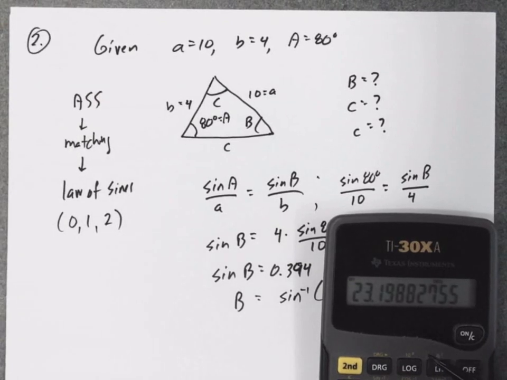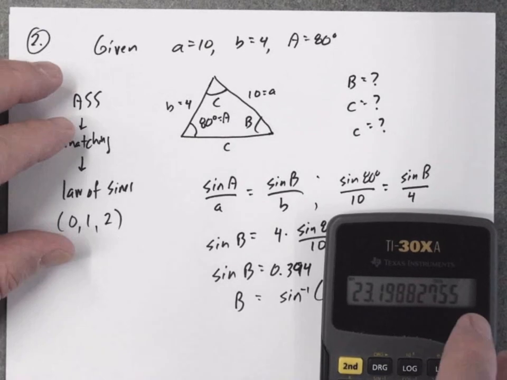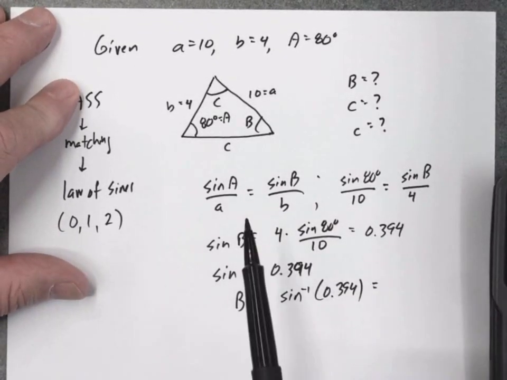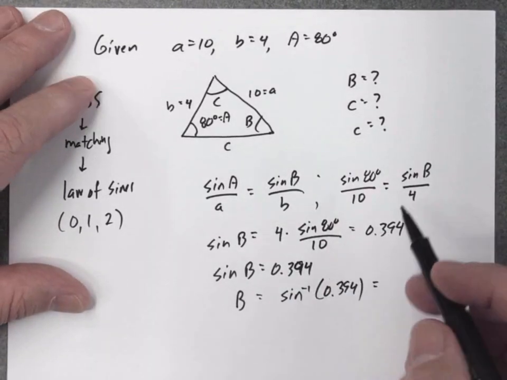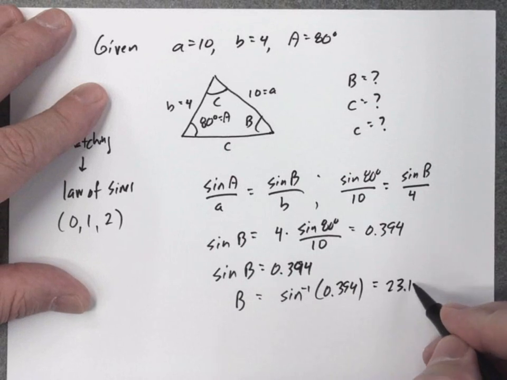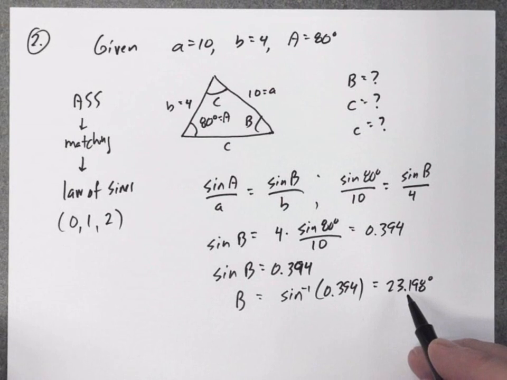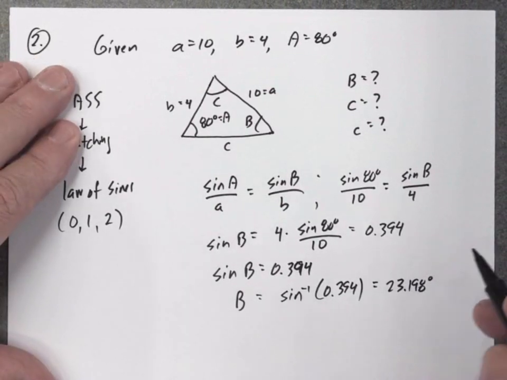And if I look, I should have looked at the instructions for the angle. It says type an integer or decimal rounded to 2 places. So I need to round this to 2 places. So it looks like it's 23.198. So it's actually going to be 23.20 degrees.